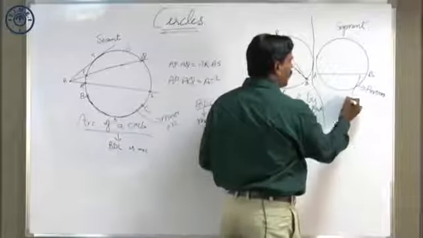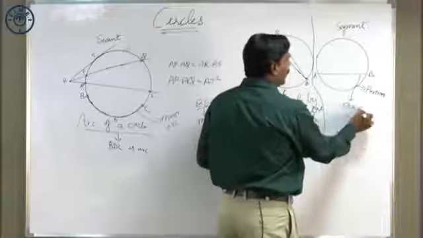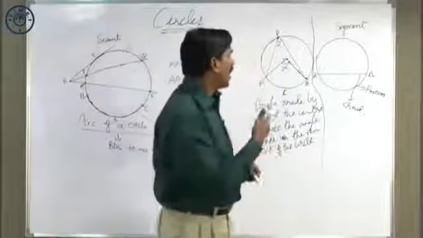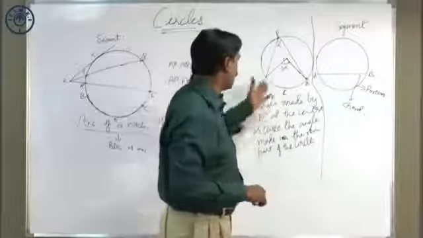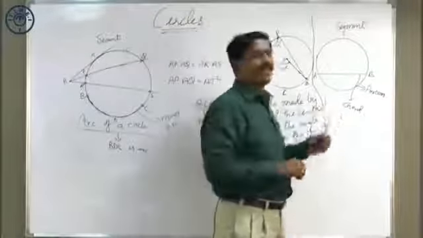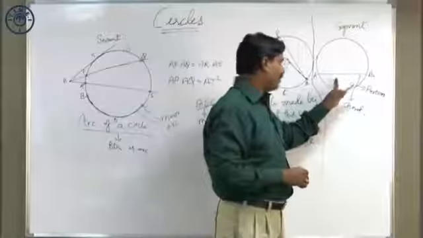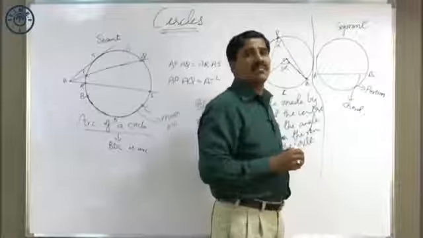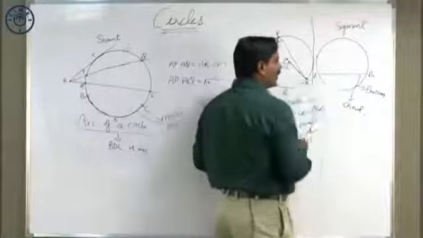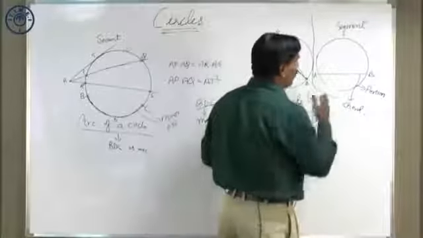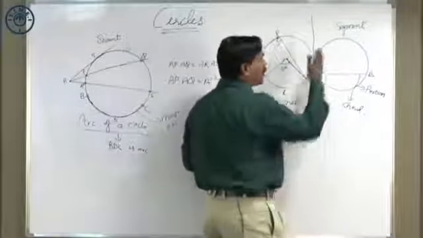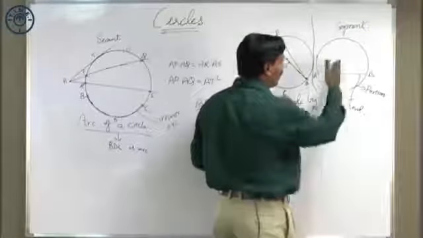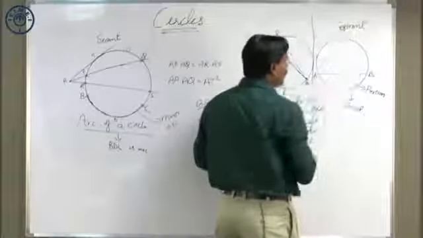This is the chord that we are considering. As we have two different parts for arcs, minor arc and major arc, here also we have two different parts: the minor segment and the major segment. The one covering the lesser portion is known as the minor segment, and the one occupying the larger portion, with more area, is called the major segment.